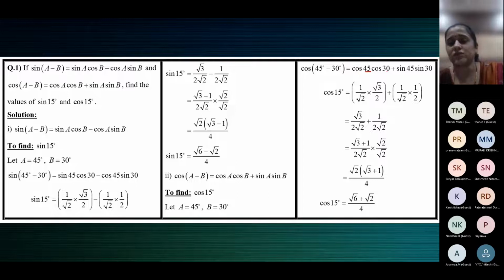Wherever there's A, we use 45, B, we use 30. These values are from the table. And then on simplifying and rationalizing the denominator, we get root 6 plus root 2 by 4.